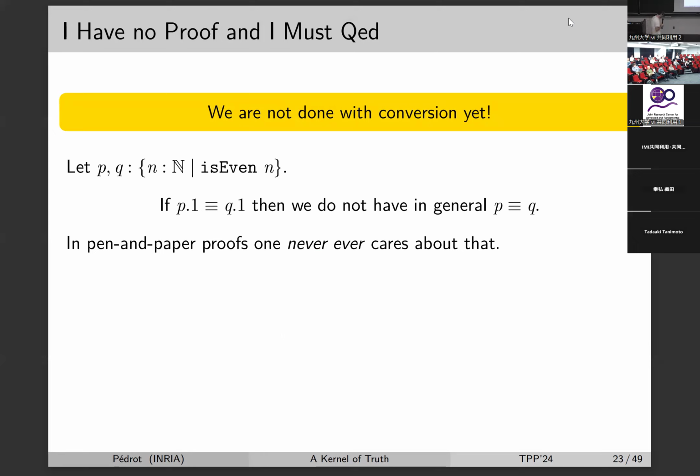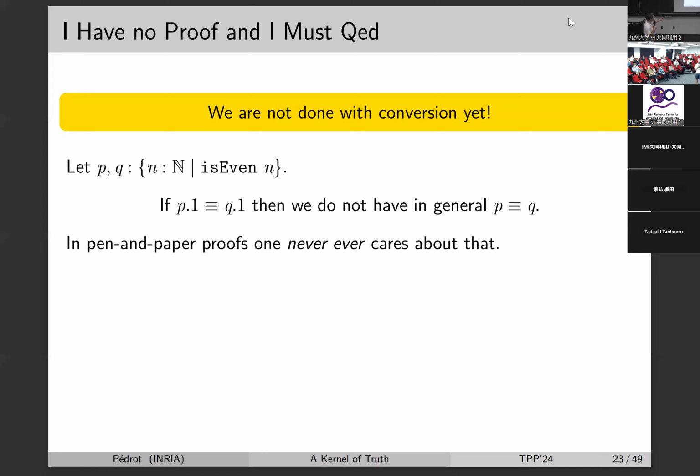So, for instance, you can consider this nice example. I'm defining the subset of natural numbers such that they are even. Easy, right? And there is a little problem because in CIC, assume you have two such proofs that the natural number is even.